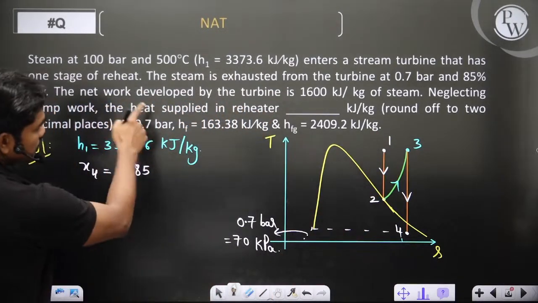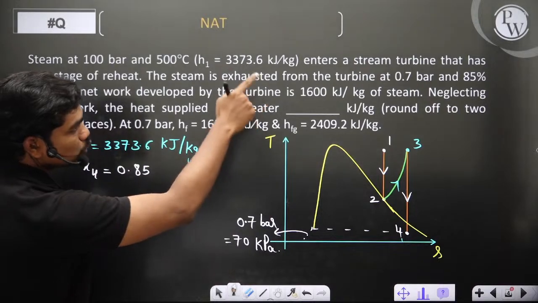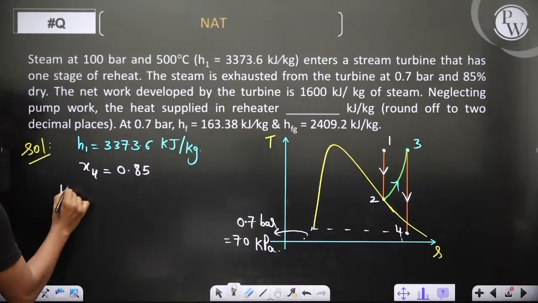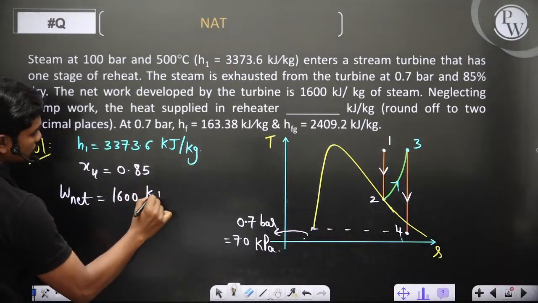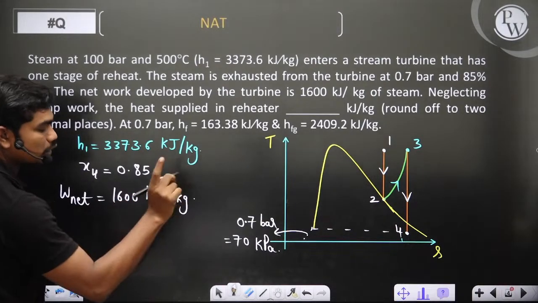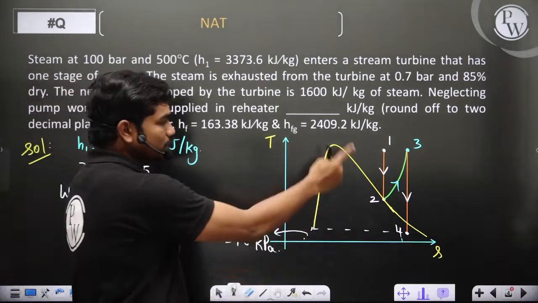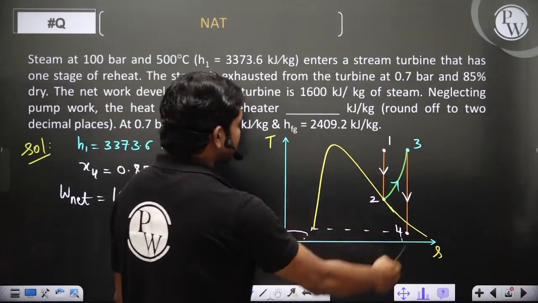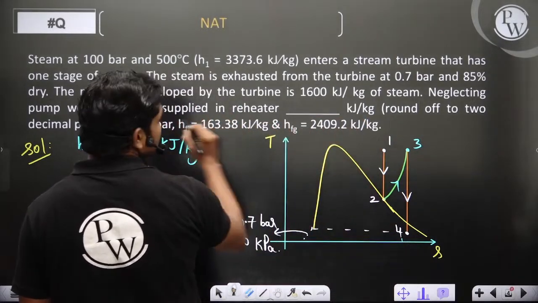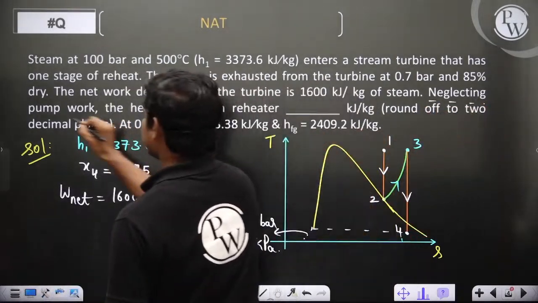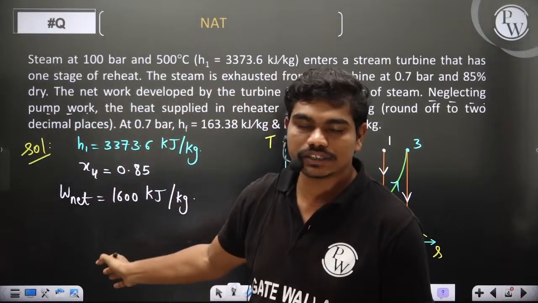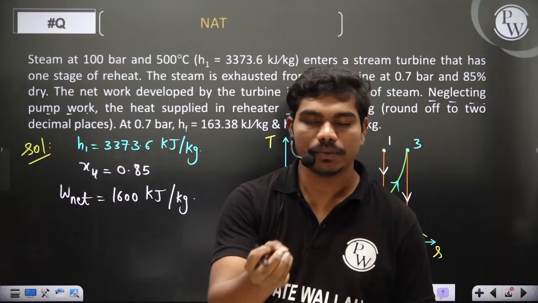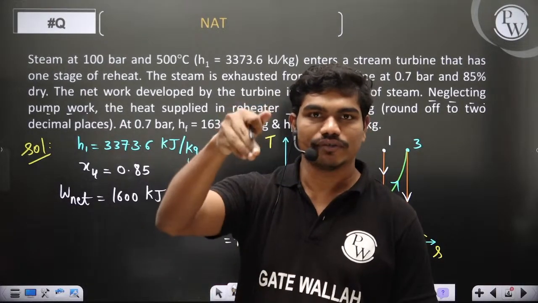Now the net work developed by the turbine is 1600 kilojoules per kg of steam. So W net is equal to 1600 kilojoules of work generated per 1 kg of steam. Now clearly, there is one stage of reheating. They have given you that pump work can be neglected, because I told you the logic why you can neglect pump work in case of power cycles: the energy consumed by the pump is very small because of the specific volume of the liquid being very small.